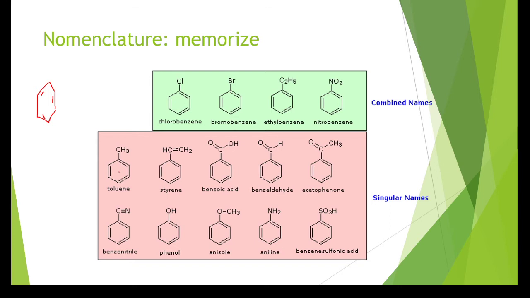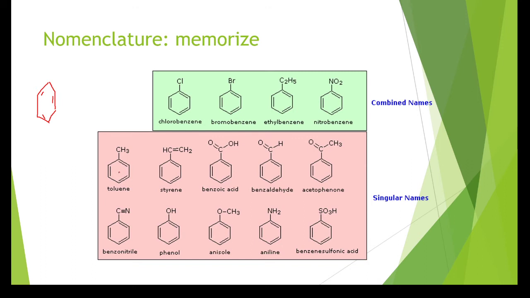Benzoic acid, it's a carboxylic acid on benzene, benzaldehyde. So you would say, well, this one is what? I have a ketone, so why isn't this called, benzenone or something like that? I don't know. So it's called acetophenone. All right, benzonitrile, it's not called benzol, it's called phenol. Anisole is there, that looks like an ether, right?